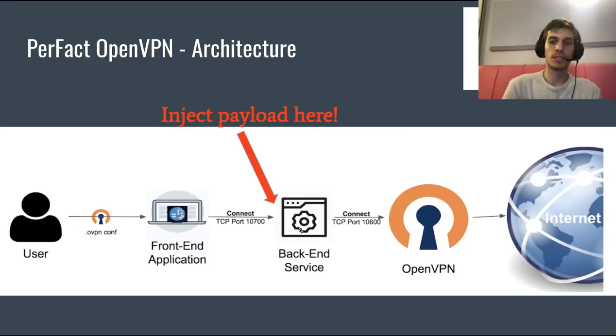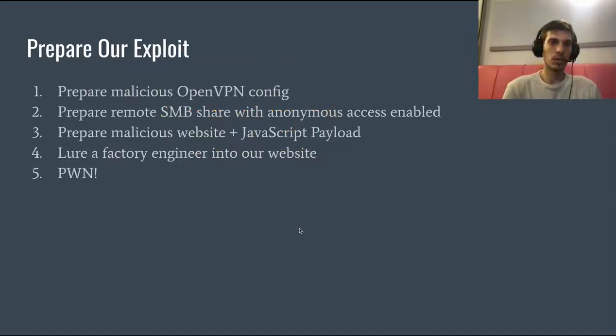Let's go over the different steps that we needed in order to exploit this. First of all, we needed to prepare a malicious OpenVPN config with the up directive. Then we needed to prepare a remote SMB share with anonymous access enabled, so everyone could pull data from this SMB server.